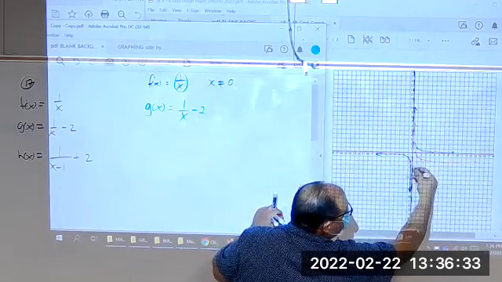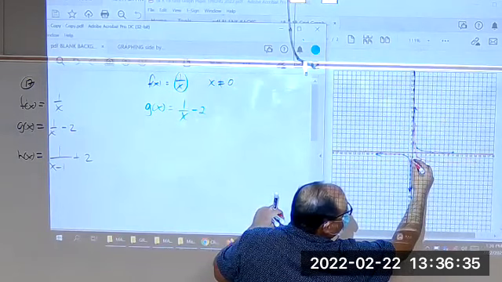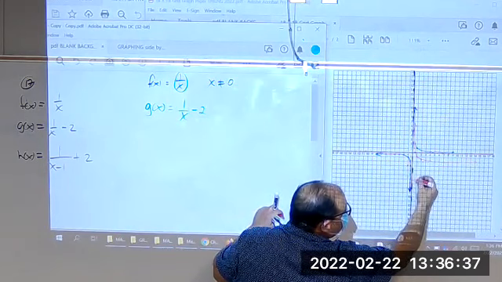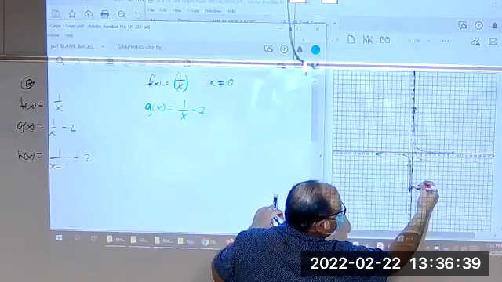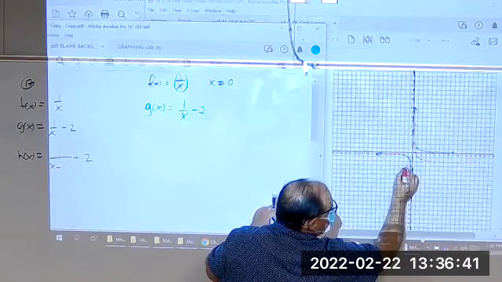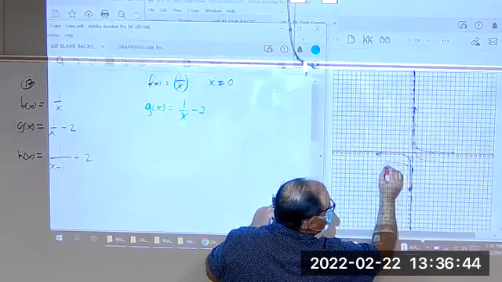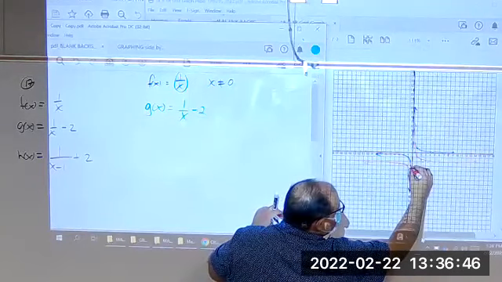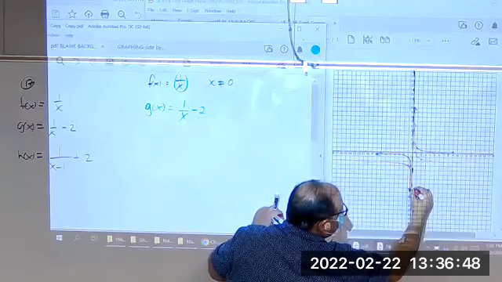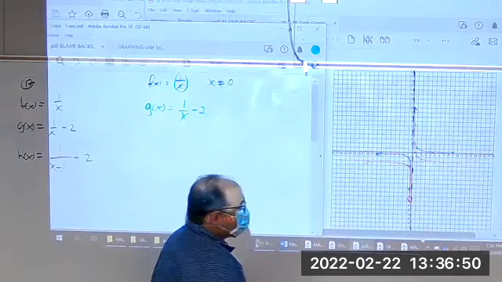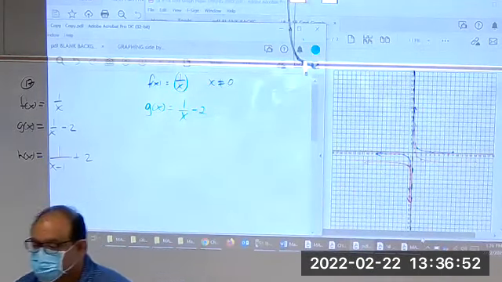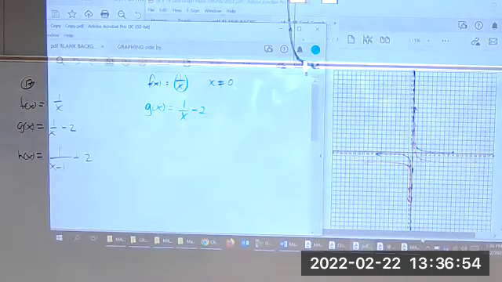When you plugged in -1, we got -1, but we're going to drop it down 2, which is now at -3. And so from this side, it's going to go like this. And it's going to be heading close to 0 like this. Not right on top of the other one, but I don't have a big enough grid to actually make it more accurate.